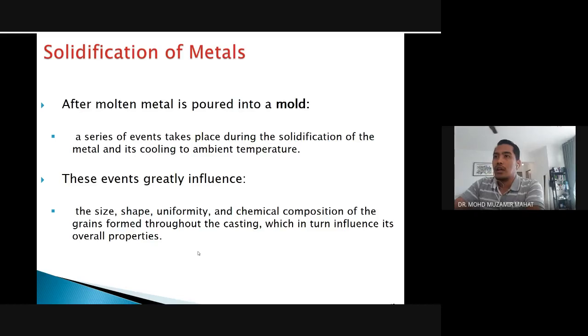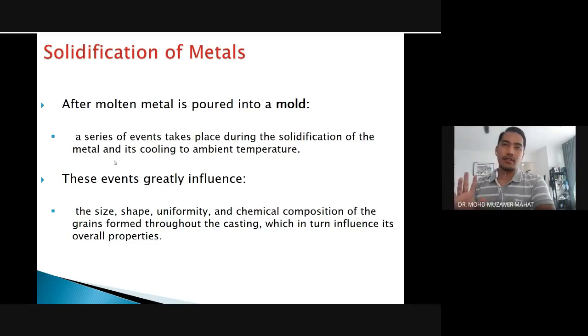Okay. All right. This is the core of this subtopic, which is the solidification of metals. After the molten metal is poured into a mold, a series of events take place during the solidification of the metal as it cools to ambient temperature.